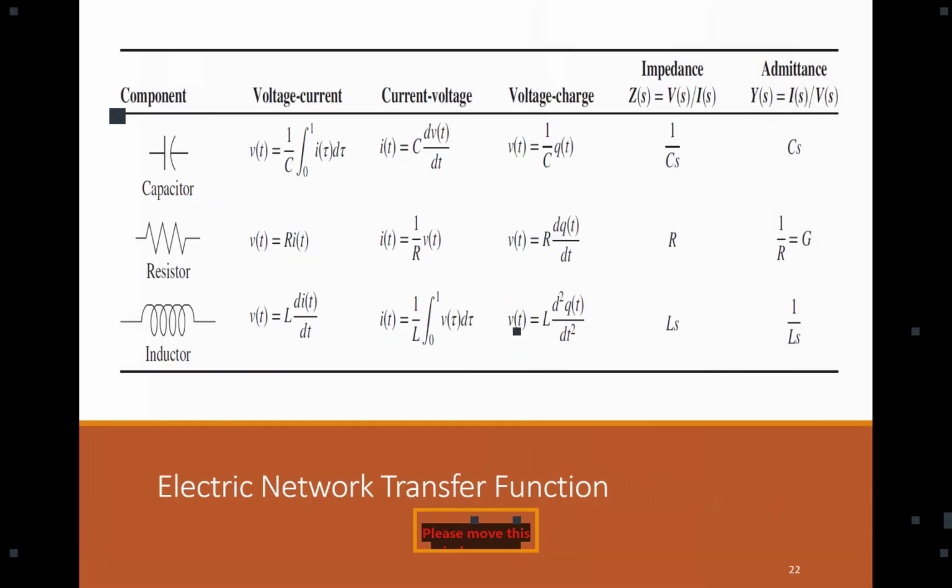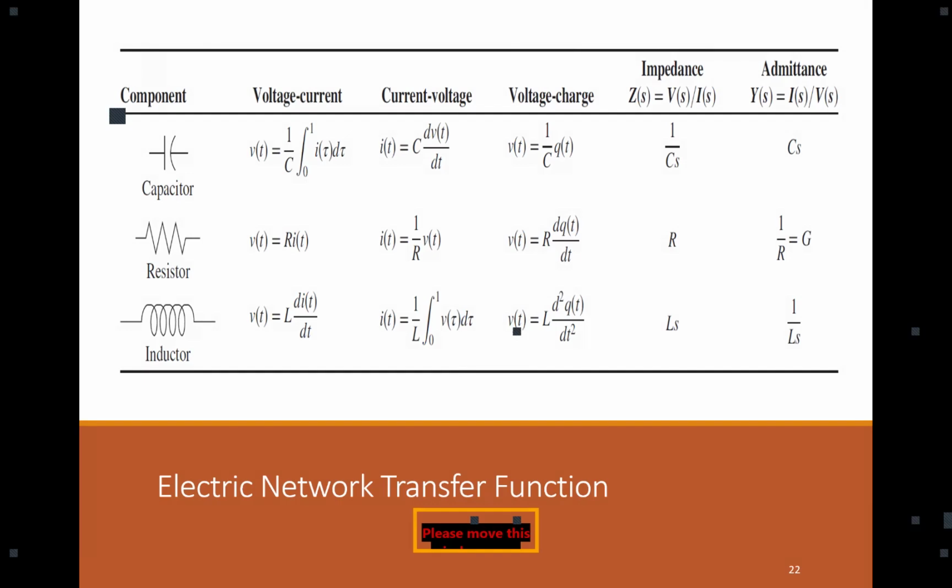Now, when we talk about electrical systems, it doesn't matter what type of component it is. We already learned in circuit analysis that we can draw an equivalent circuit that represents the original circuit using only R, L, and C. These are the main components.